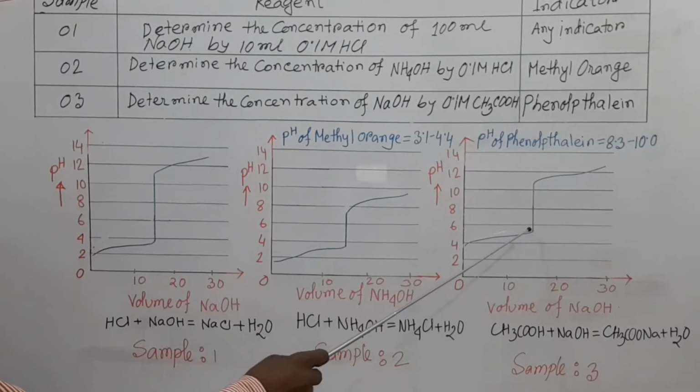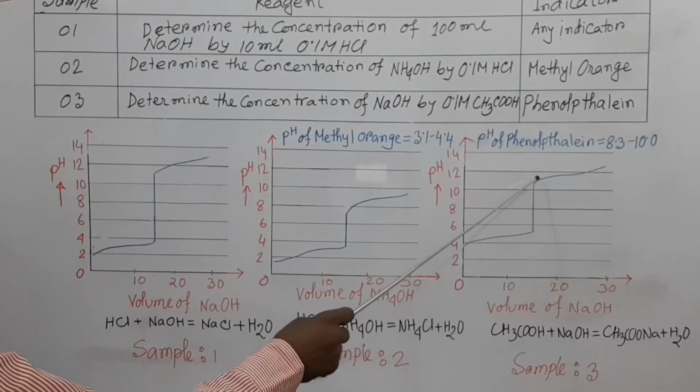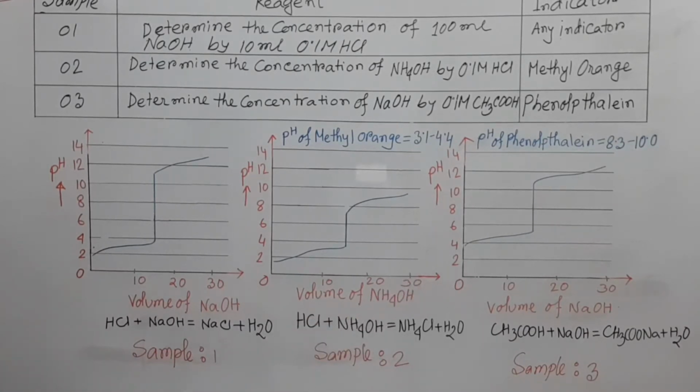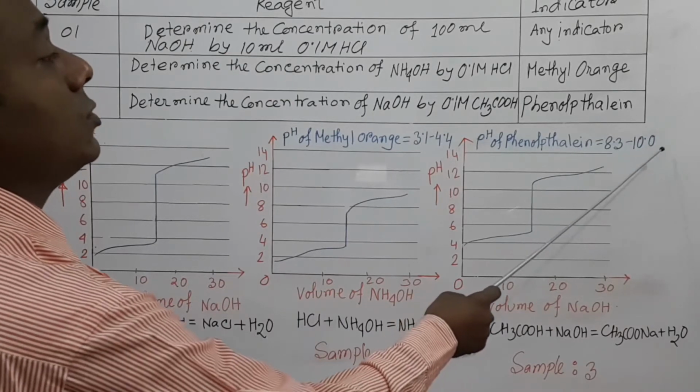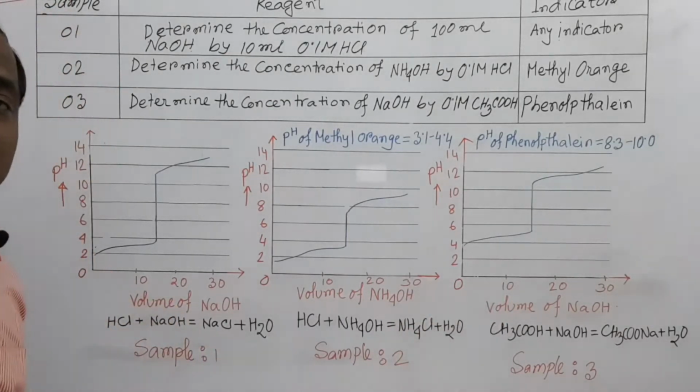pH shifts to nearer 6 to 11. So we have to use that type of indicator which can change color in this range, and for this type of titration we have to use phenolphthalein, because phenolphthalein changes its color in the 8.3 to 10 pH range.